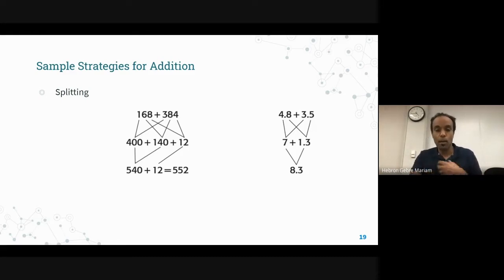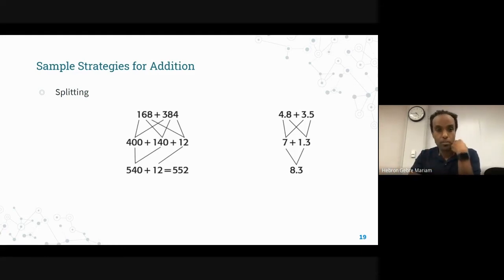And this could be a precursor to working on some standard algorithm strategies. But it's important with this strategy that we recognize that it gets sticky and messy when you're up in 4-digit, 5-digit numbers, or when you're dealing with decimal numbers as well.